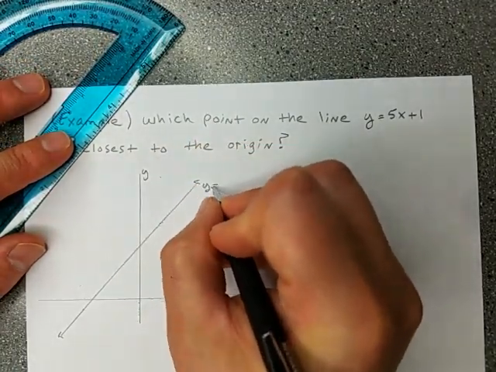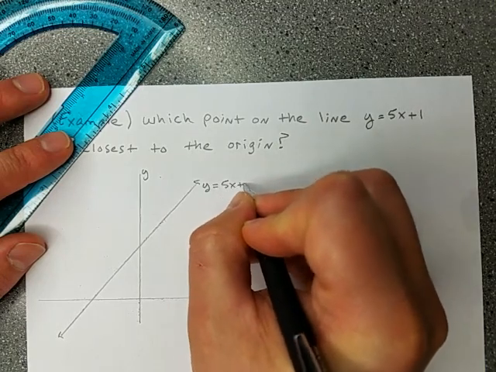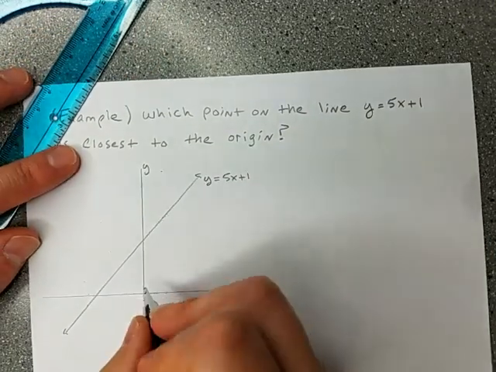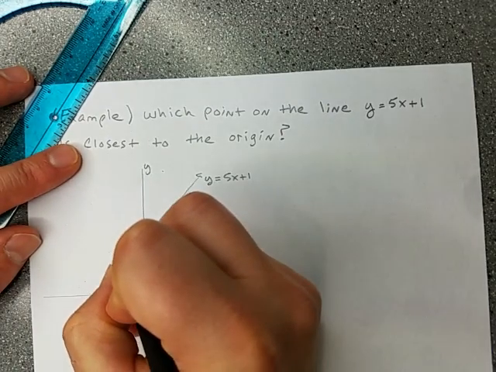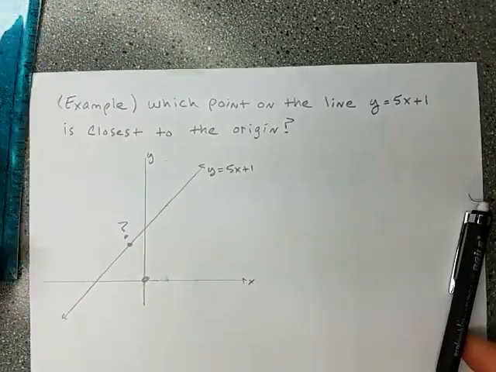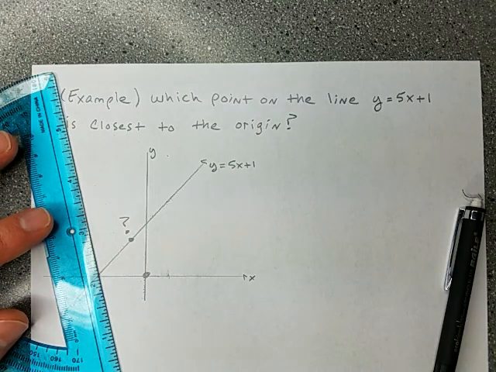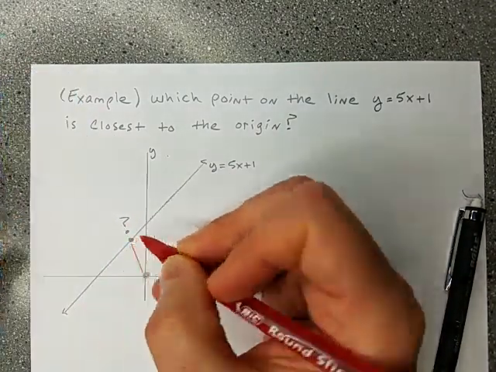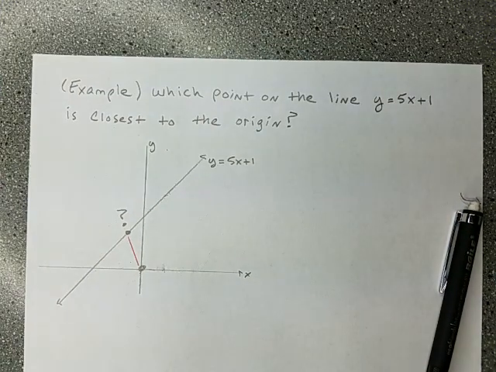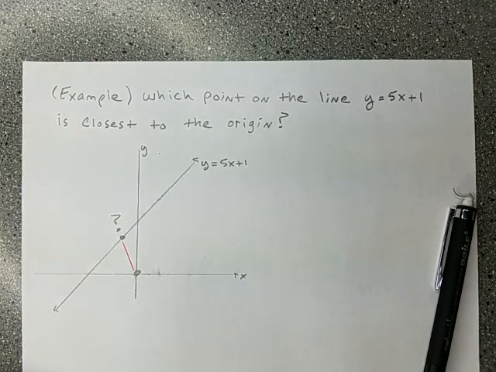Okay, so there's y is equal to 5x plus 1. And the origin is here. And then there's some point on that line where this distance from that point to the origin is as small as it can possibly be. Okay, so that's how I understand this problem.